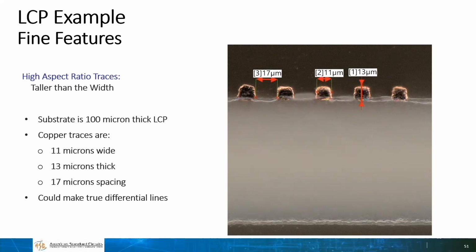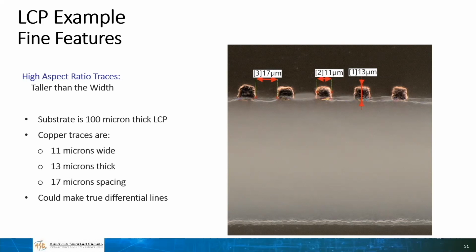And if you had only two of them, and the nearest ground was all the way at the bottom, 100 microns away at the bottom of that LCP, or maybe 100 microns above at the top of another layer of LCP, those two would behave like true differential lines. Virtually all of their coupling would be between each other, as opposed to between one of those traces and the ground.